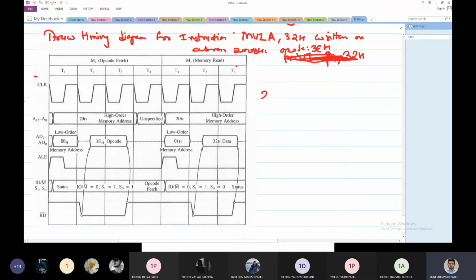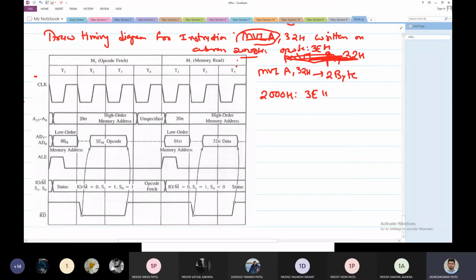So what is the information that you have? The first information is the address, so write down the address. Now this instruction is written on this address. What does that mean? The opcode of this instruction would be stored on 2000H. So the opcode is 3EH. Then you know that MVI A, 32 is a 2-byte instruction.